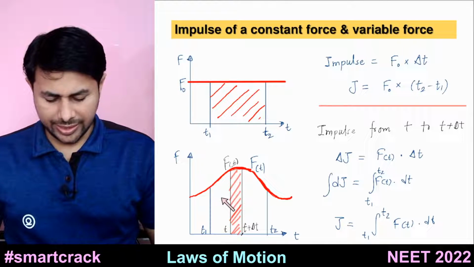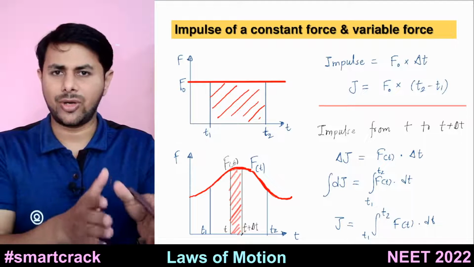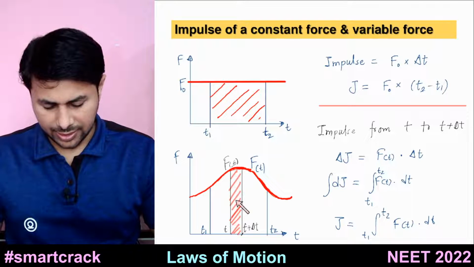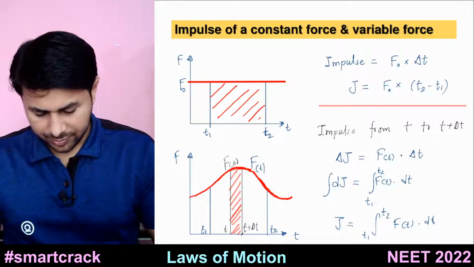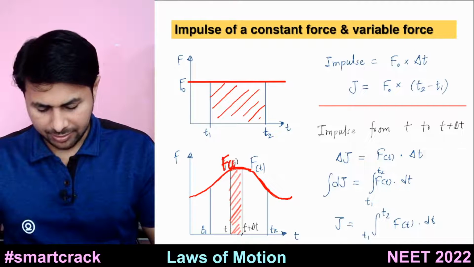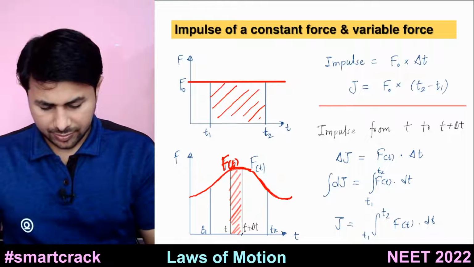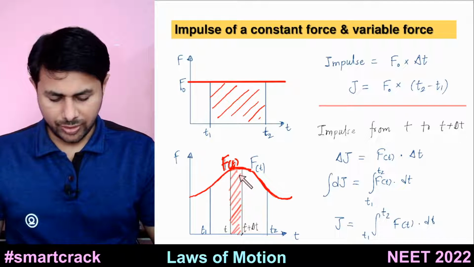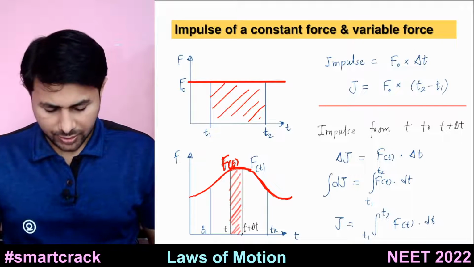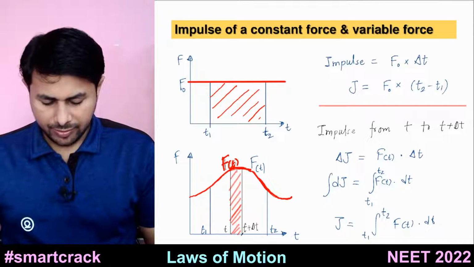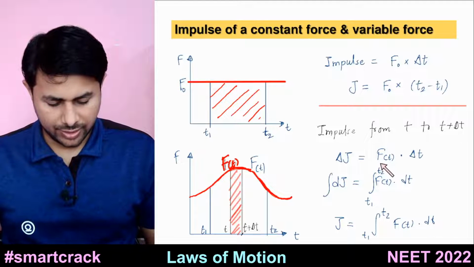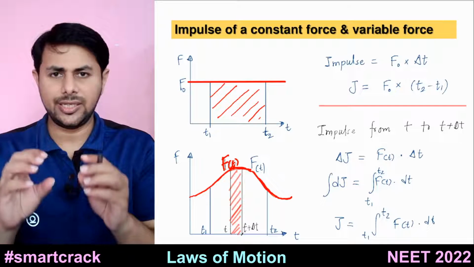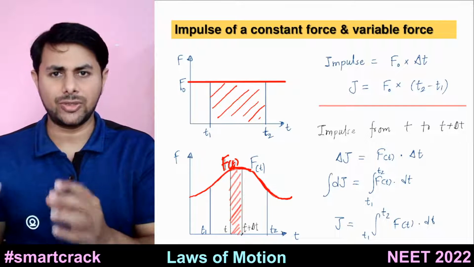We break this area into n number of small intervals. If you consider this interval, this is force F at some time t, and this is approximately a rectangle. So what will be the area of this rectangle? It is F of t multiplied by this width, which we say is delta t. So F of t times delta t is the impulse in that small duration.